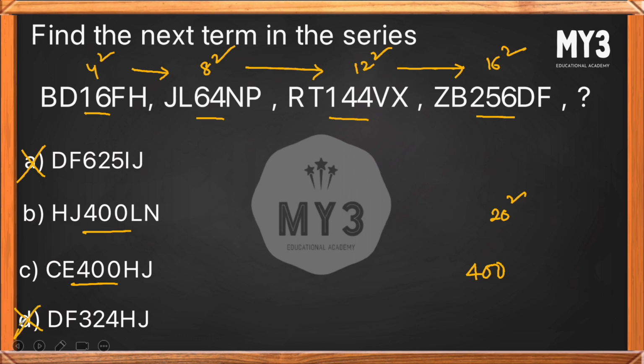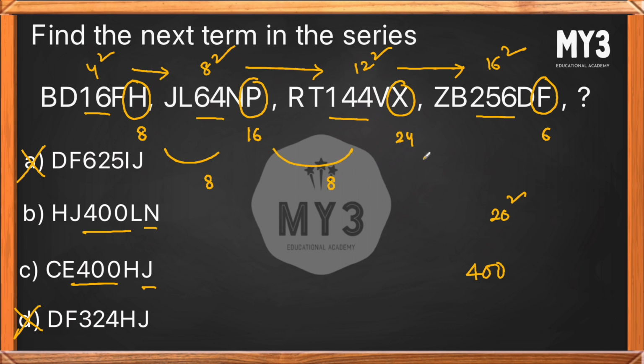Let's take any other element to figure out the answer. So let me take this alphabet. This is H, which is 8, because this is different for these two. And this is P is 16, and this is X is 24, and this is F is 6. If you observe the difference, 8 plus 8 is 16, 16 plus 8 is 24, 24 plus 8 is equal to 32. 32, how can we write? 26 plus 6 is 32.